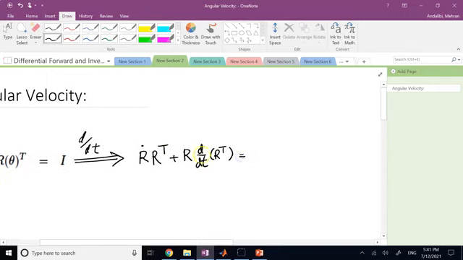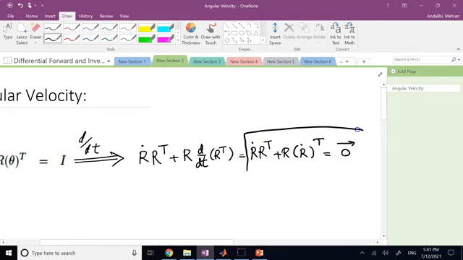And as you know, transpose and time derivative, I can exchange the order, so it is going to be R dot R transpose plus R times R dot transpose. And this is equal to the time derivative of I. Well, I has all constant entries, right? 0 and 1. They don't have a time derivative, so the result of this is 0. Okay, so you get to this point.